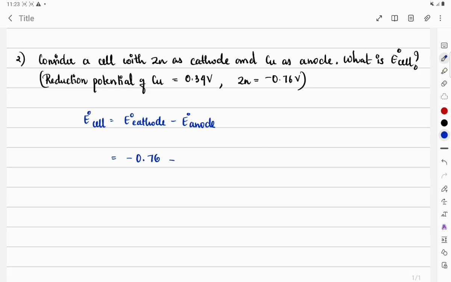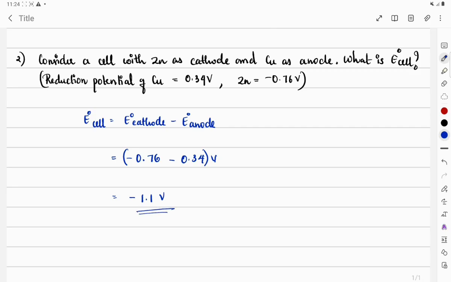Minus, what is E0 of anode? Anode is copper, so E0 of anode, which is the reduction potential of the anode, is 0.34 volt. So what is the final answer? When you work this out, you will get minus 1.1 volt.